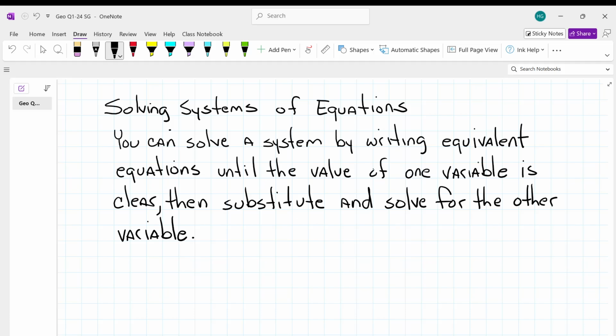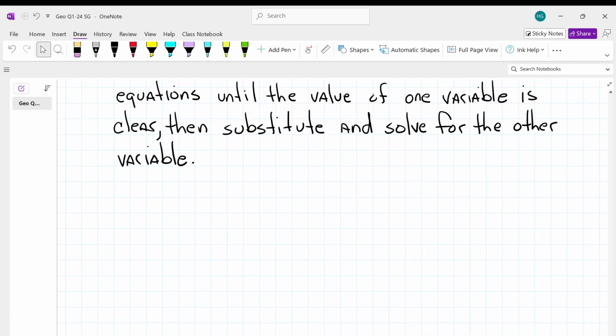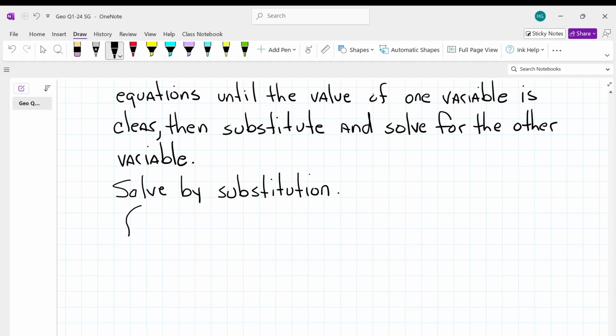And you're going to be asked to solve by substitution. You're going to be given what's called a system of equations, two equations.